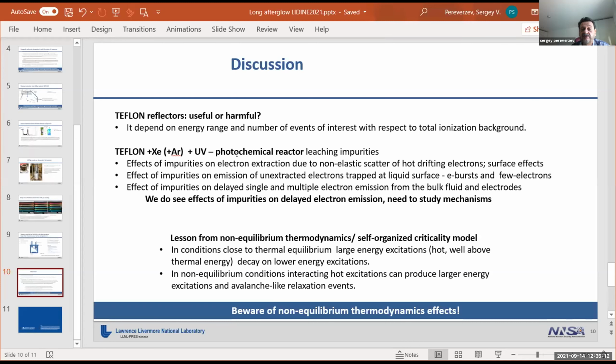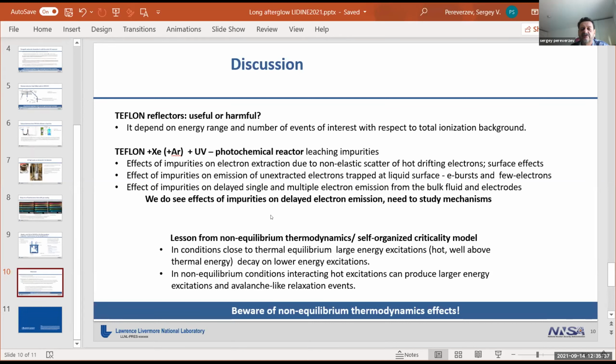And in the liquid, if you have, say, non-elastic scattering of hot electrons drifting in the liquid, you can lower the extraction efficiency. These impurities also will affect extraction of delayed electrons from the liquid surface. We have indications of that.